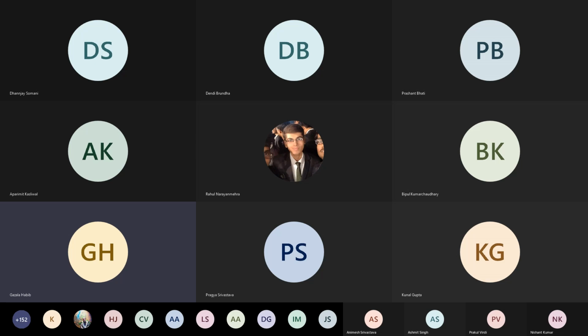Okay, now in that case, we know the fundamental that if a train is moving in some direction at higher speed, and the other train is also moving in the same direction but the speed is low, this is say V1 and this is say V2, V1 is greater than V2. Then for the person sitting in the train at higher speed, it looks like the other train is moving in the opposite direction, right?